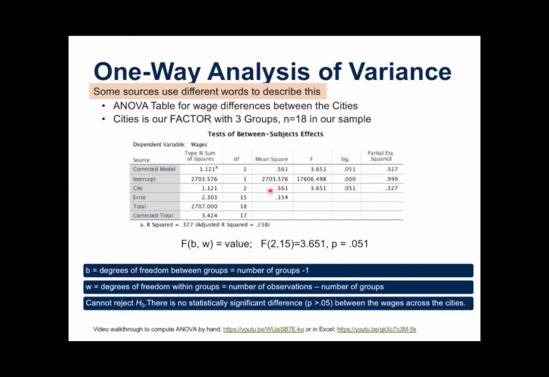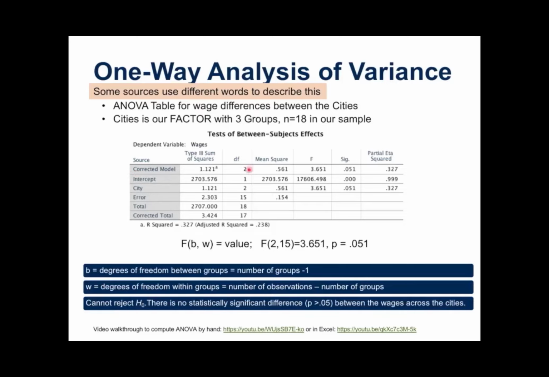This is the between group variance. And then we have the error, which is the within. And its information is going to be here. It also gives us some other information like total. And I'll be showing you in another video how to interpret these and where to put all of the different values. But everything you need is above. There's just some additional information in the SPSS output that we don't necessarily need.